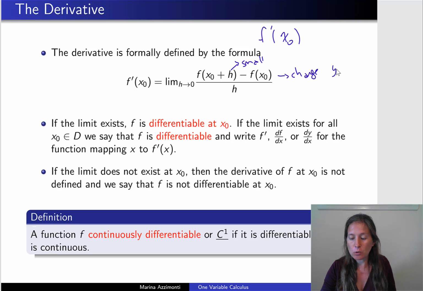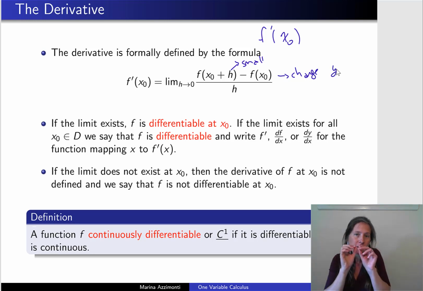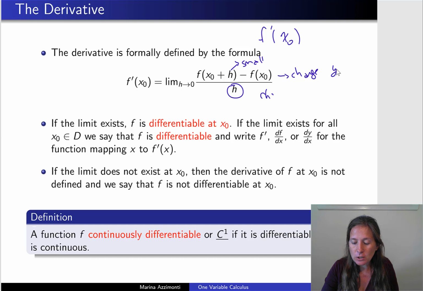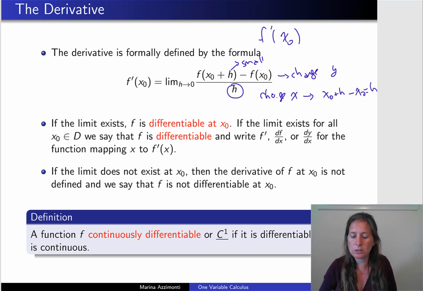Again, this is just the change in y, f of x0 plus h, x0 plus a small number, minus f of x0, over the change in x, which is x0 plus h minus x0, which is equal to h. And then what we do is we try to make that h value smaller and smaller and smaller. And that's how we are going to approximate the slope of the tangent line, and that's how we are going to get the derivative at point x0.